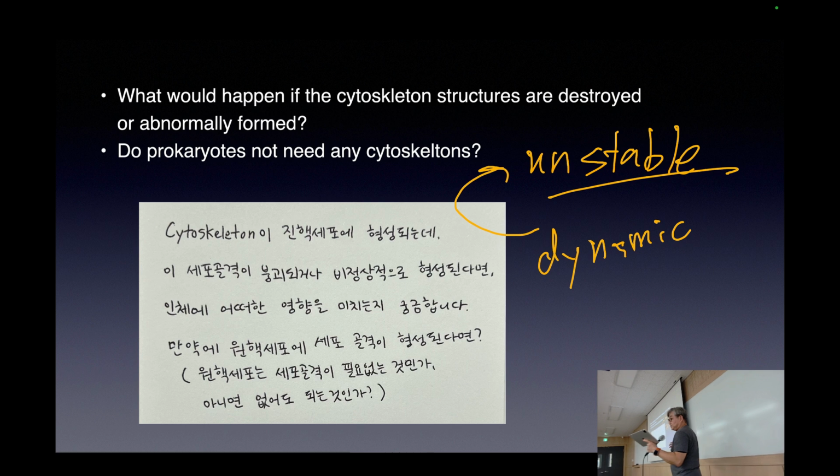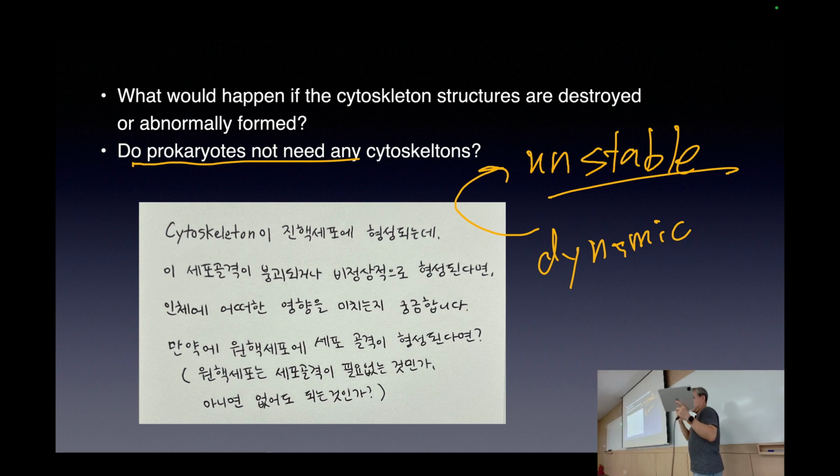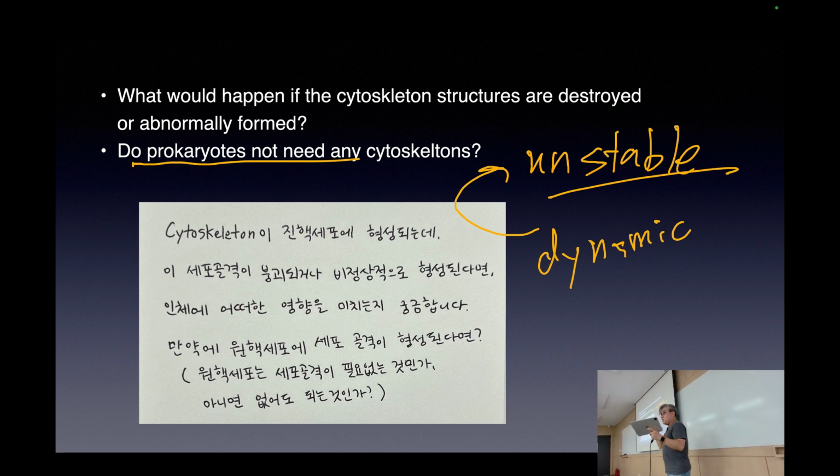Prokaryotes do not need any cytoskeleton. Apparently, prokaryotes do not have any cytoskeleton, probably because of their small size. It informs us that such a small size is perhaps a limitation of how far diffusion can efficiently reach.